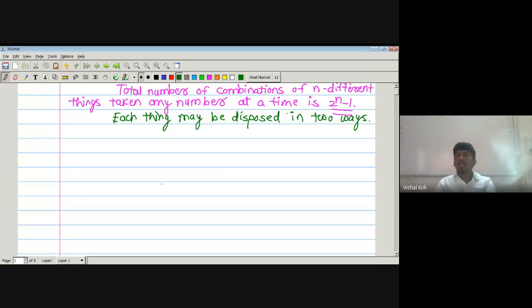That is, either it will be accepted or rejected, since in combination we have to make the selection. So here each thing may be disposed in two ways: either it is accepted or rejected.